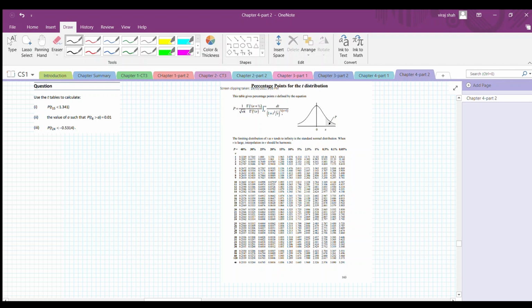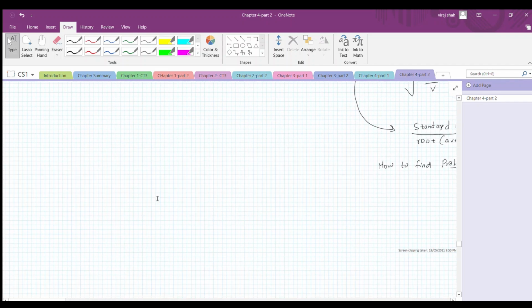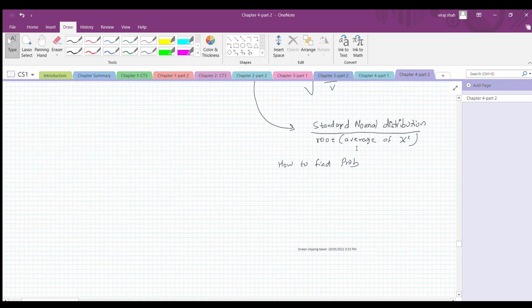As I said earlier, coloring on this side means I have been given greater than values. So the table basically gives me greater than values. This means that if I have been given the probability that my T distribution is greater than some value, I can directly use tables, right?